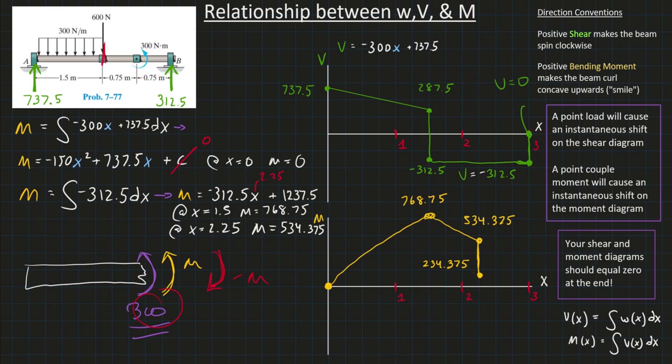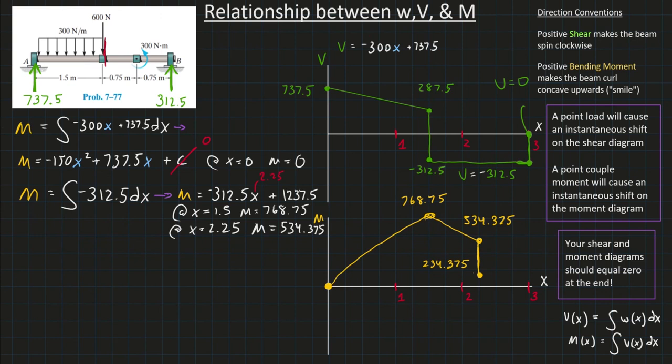Alright, and now we can see what happens for the rest of our M. Well, notice that my V equation is still this negative 312. So when I do the antiderivative of it, I still get the same equation. The only thing is that our C is going to be different. So really, I have the same exact line as we did before.